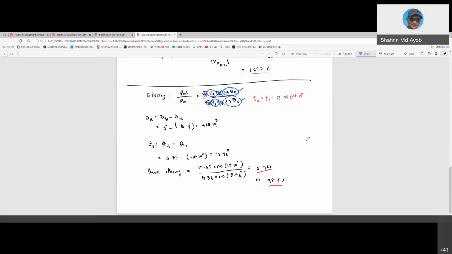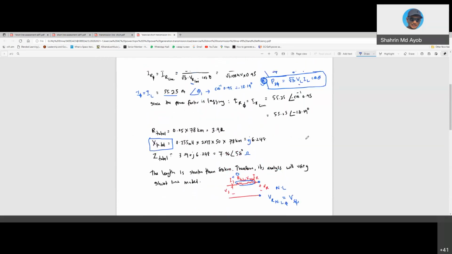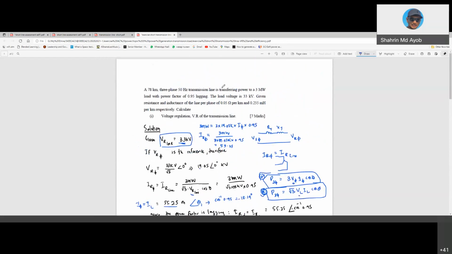Even though the question is straightforward, and your test two question will be like this also, there are some parameters that need to be carefully calculated, for example, the angle of the current and the angle of the voltage.